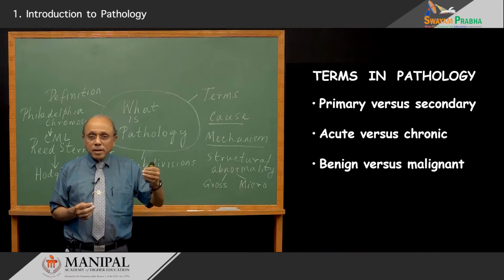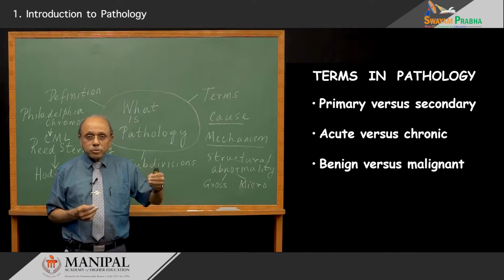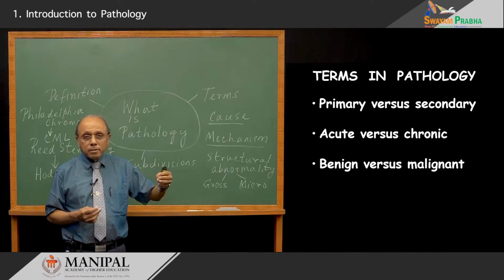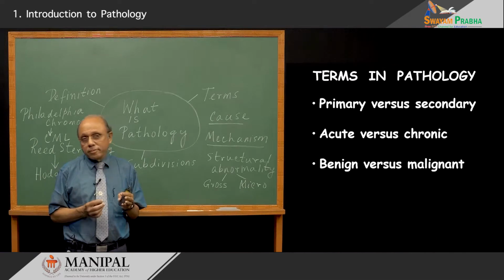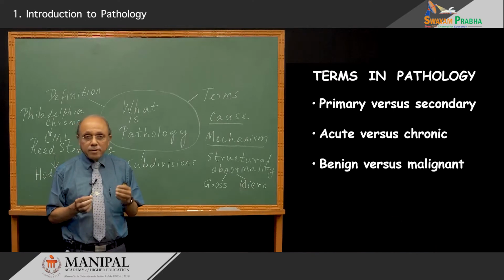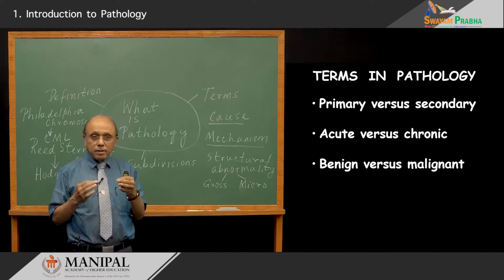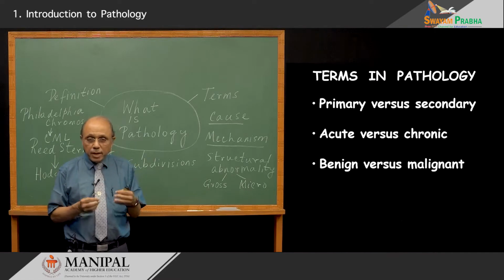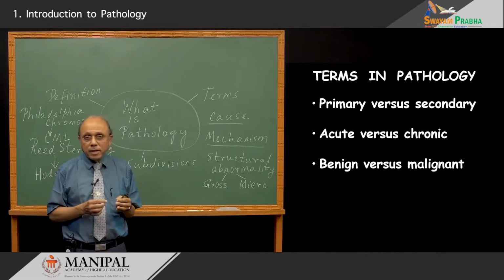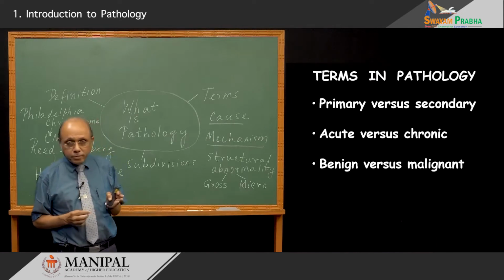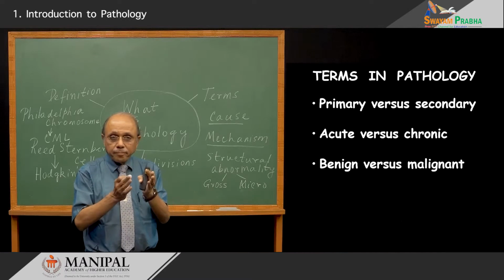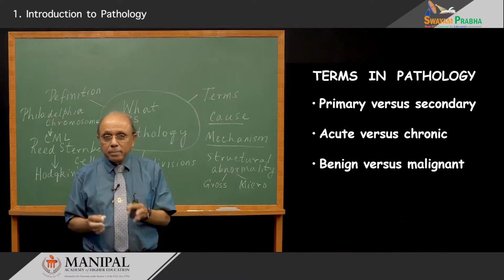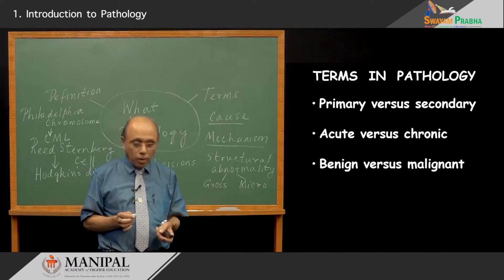Benign means that will not cause you harm, there is no risk, there is no danger to life, whereas malignant means it can have consequences, it can have detrimental effect, it can cause damage and it can affect the longevity of the person. So, benign means harmless, malignant means harmful. I mean, that is a simple way of looking at it.